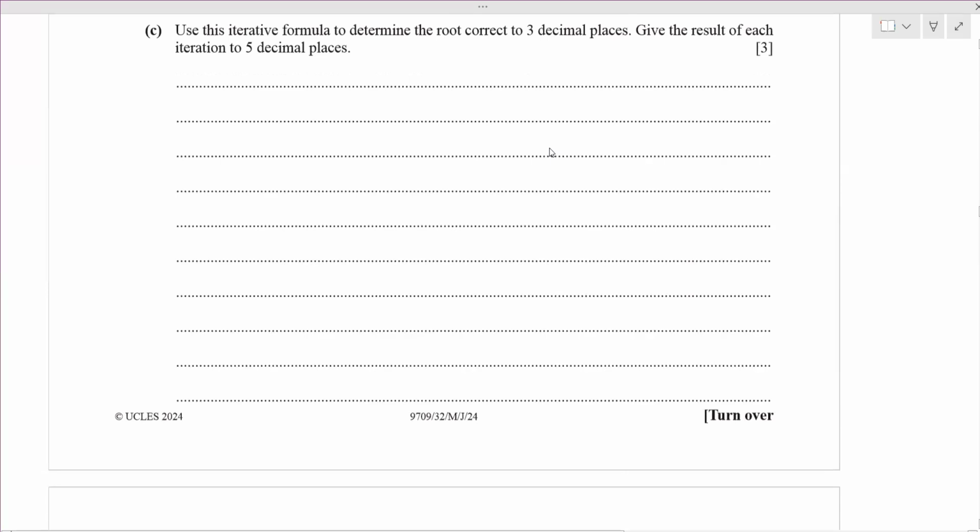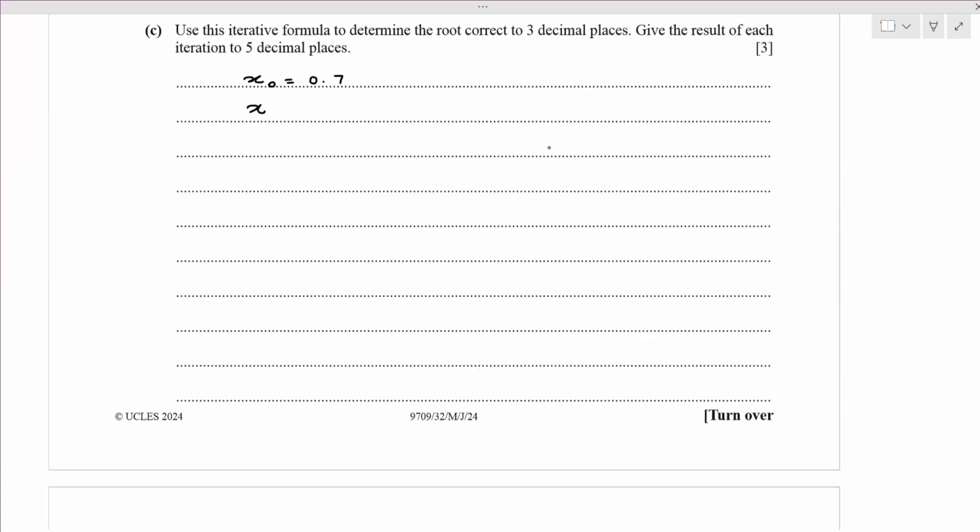Now, by the help of this iterative formula, calculate the root up to 3 decimal places, give each result up to 5 decimal places. So there's no initial value given, so I'm taking initial value as 0.7.